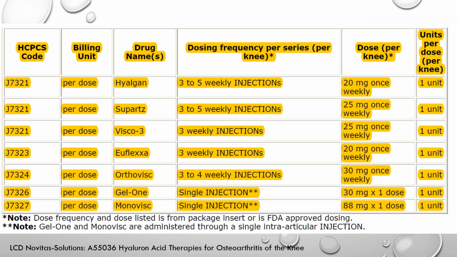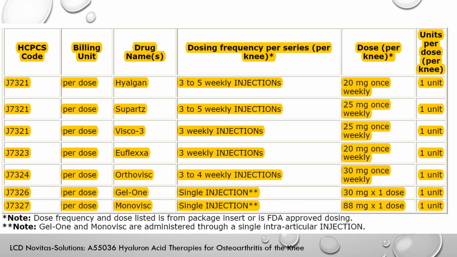You would need to have the patient sign an ABN form if it's Medicare, or a notice of non-coverage if it's not Medicare, whether it's your own internal form, a Medicare replacement policy with its own ABN, or a commercial payer that has its own version of an ABN. You would make sure that you get an ABN for that excess injection, because if you bill that 6th injection to the carrier, they will not pay for it because the dosing frequency is 3 to 5. So you have to be aware of that.